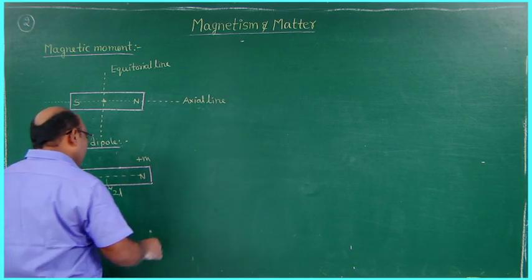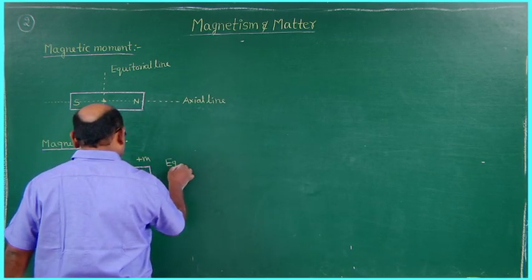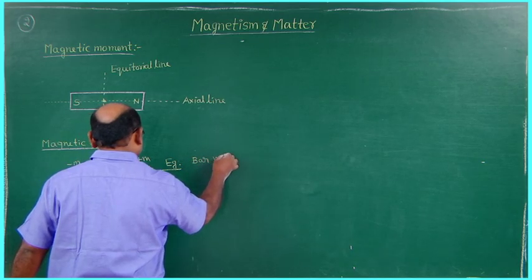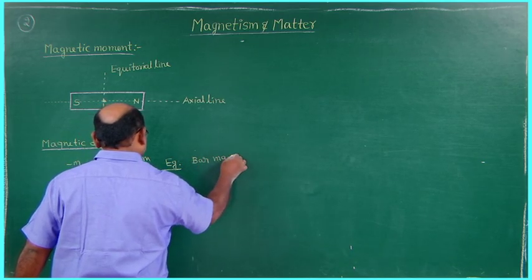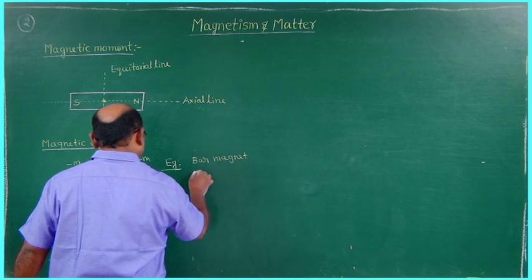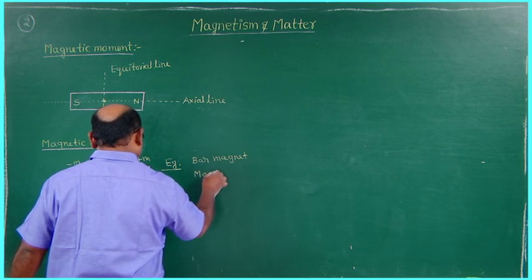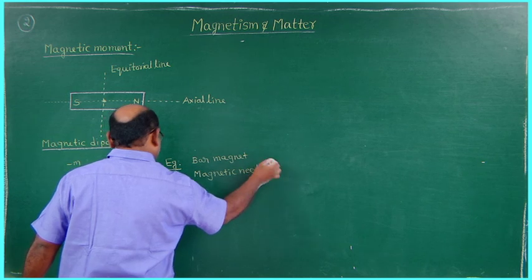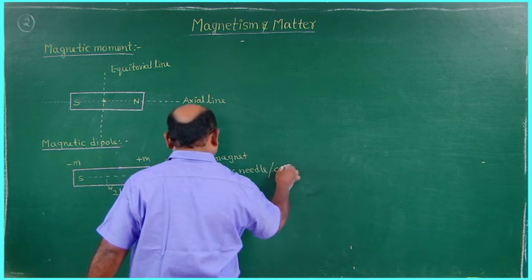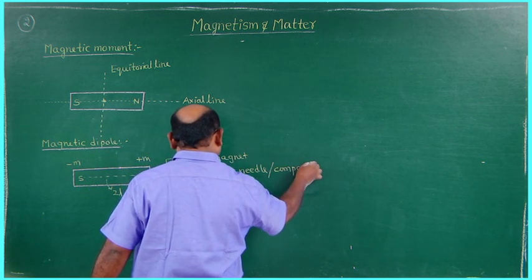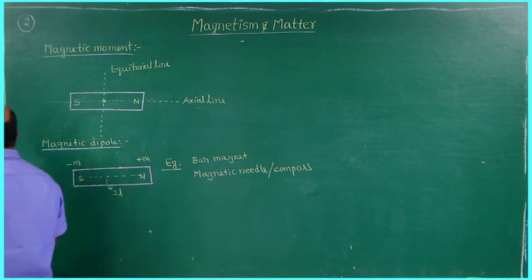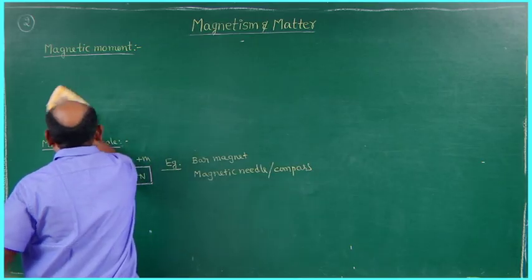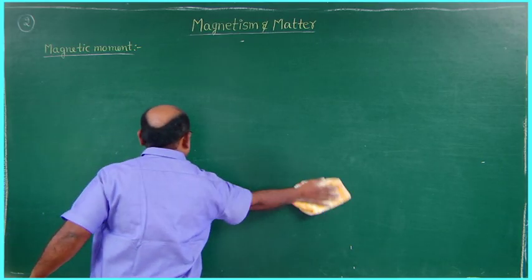So examples of the magnetic dipole: bar magnet, and also magnetic needle. Magnetic needle is said to be the compass. So that is the magnetic dipole, and a bar magnet, equatorial line and axial line.